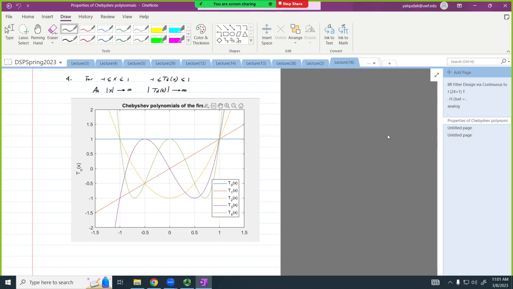So therefore, we can make a few observations based on these functions.